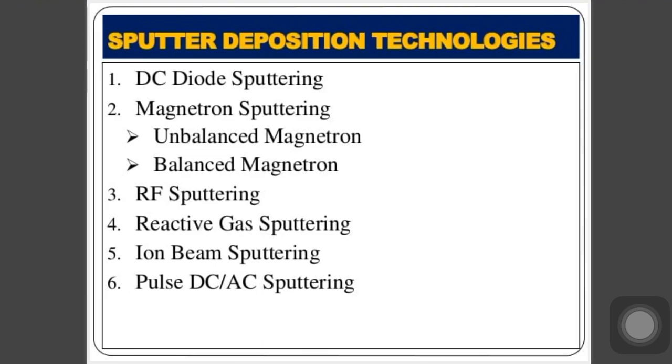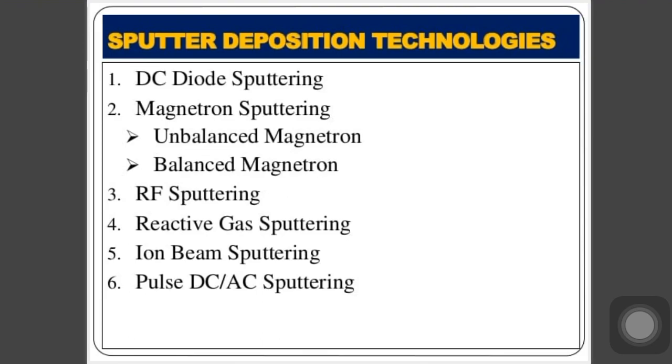First is DC diode sputtering. Second is magnetron sputtering, which has two types: the unbalanced magnetrons and the balanced magnetrons. The third process is RF sputtering. The fourth process is the reactive gas sputtering process.